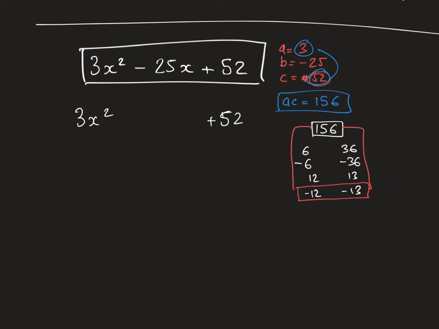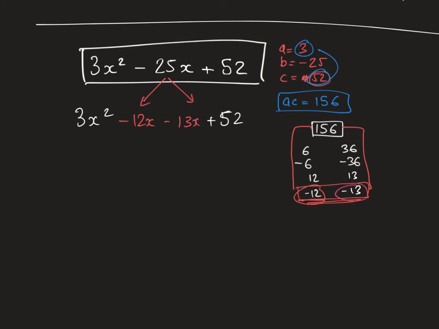I know my 5s sometimes look like S's, apologies for that. Okay, then what we do is we split our negative 25 into our two values here. Now remember, for the previous question, it doesn't actually matter what order you end up with, which is really useful. So I'm going to put my minus 12x here, just simply because I had it first there, and minus 13x here, because it was second.